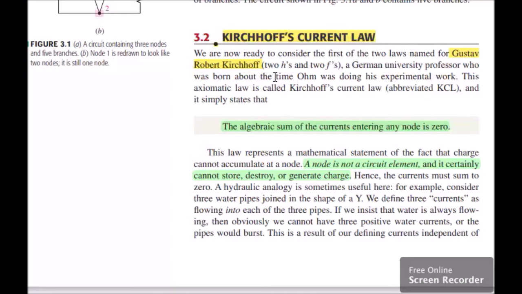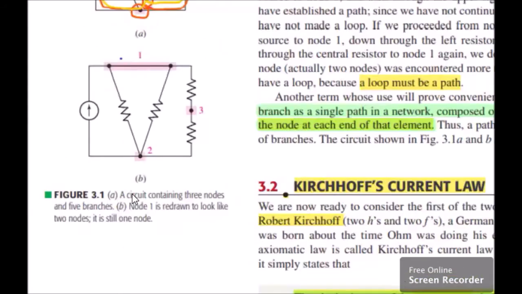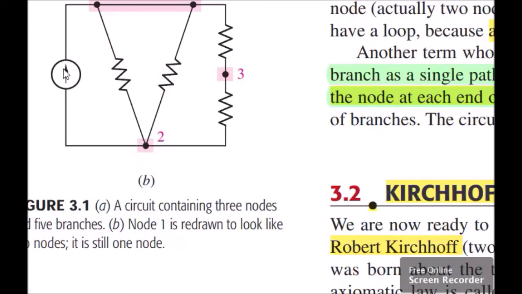Uncle Kirchhoff says that the algebraic sum of all the currents entering any node is 0. So the sum of all the currents entering a node is 0. Take a look at this node. If currents enter here, here, and here, and you total them all, that should be equal to 0.